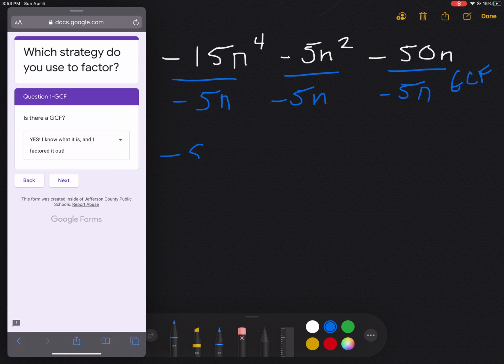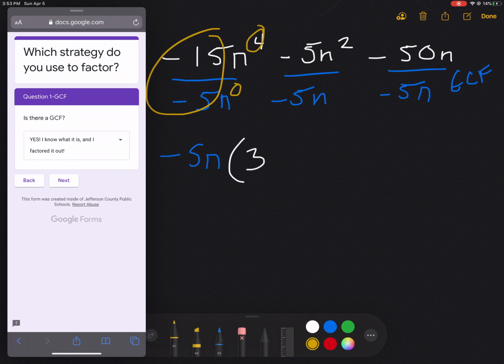So that's going to be -5n on the outside. And now let's see what the, for lack of a better term, leftover polynomial is going to be. So I did -15 divided by -5, which means that is going to be a +3. I had 4 n's.